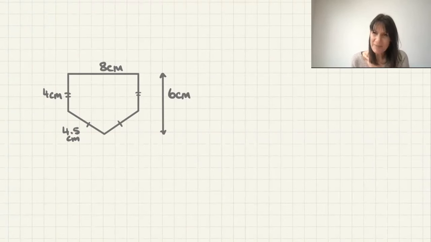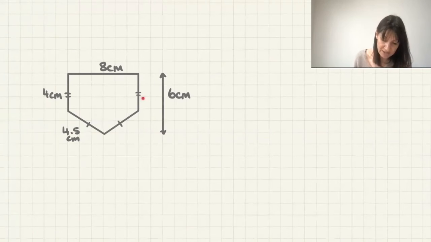Okay, so it's quite a busy diagram. There's lots of information held within it, and we need to be picking out the bits that are important and using them at the right time, okay? So when I look at this, first of all, I can see on the edges that I've got some dashes. I've got 2 dashes here and I've got 1 dash here.